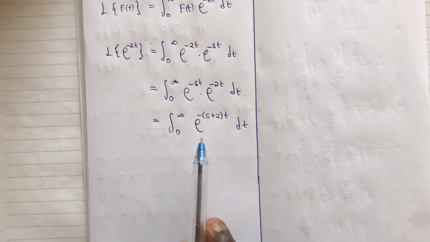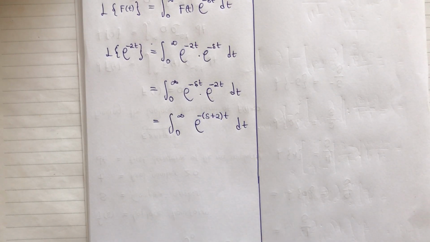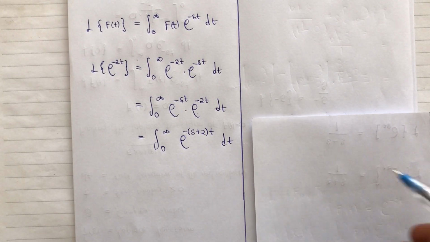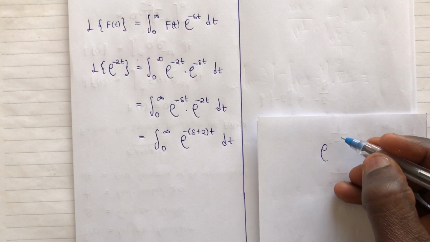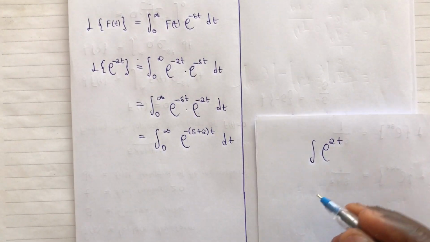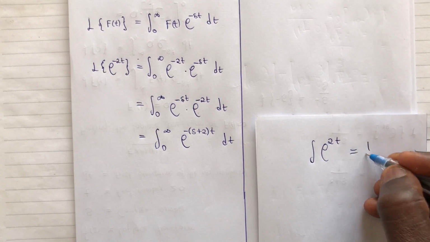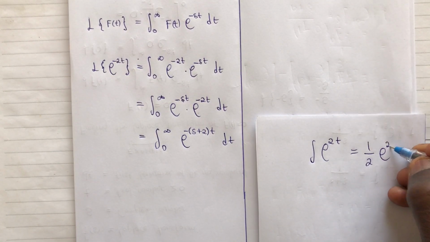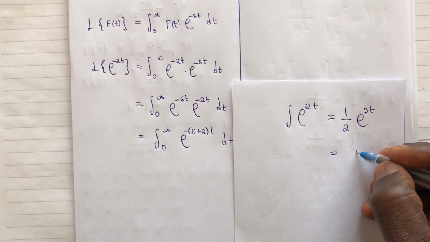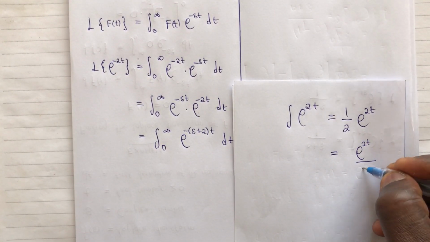Now in the next step, we will just integrate this function and we are off to go. For an exponential function, if we have e to the power, let's say 2t, then the integral of this is going to give you 1 over 2 e to the power 2t, or you can also have e to the power 2t all over 2.